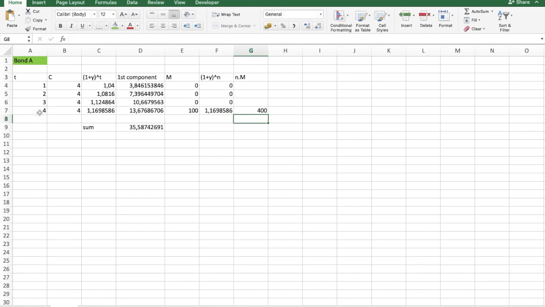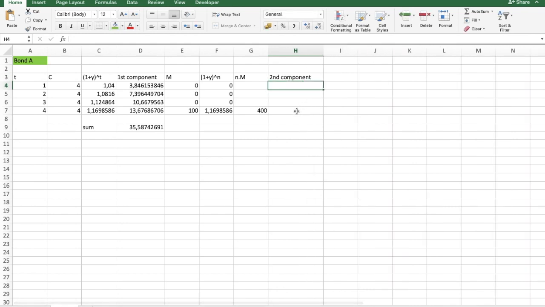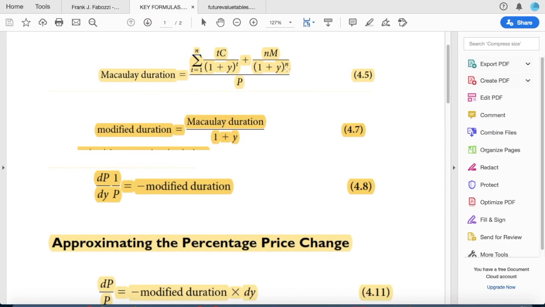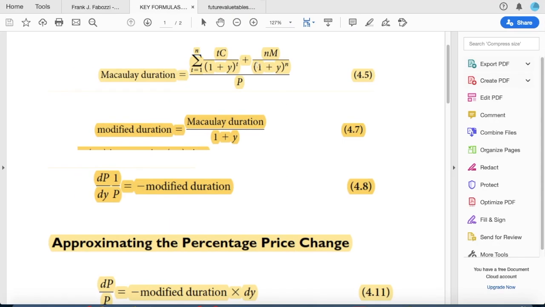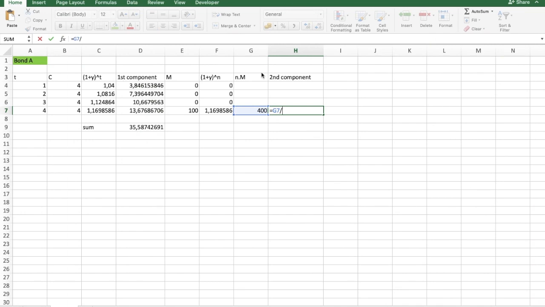Now all that I have to do is the second component, which is equal to n times m, which is this one, divided by 1 plus y power n.